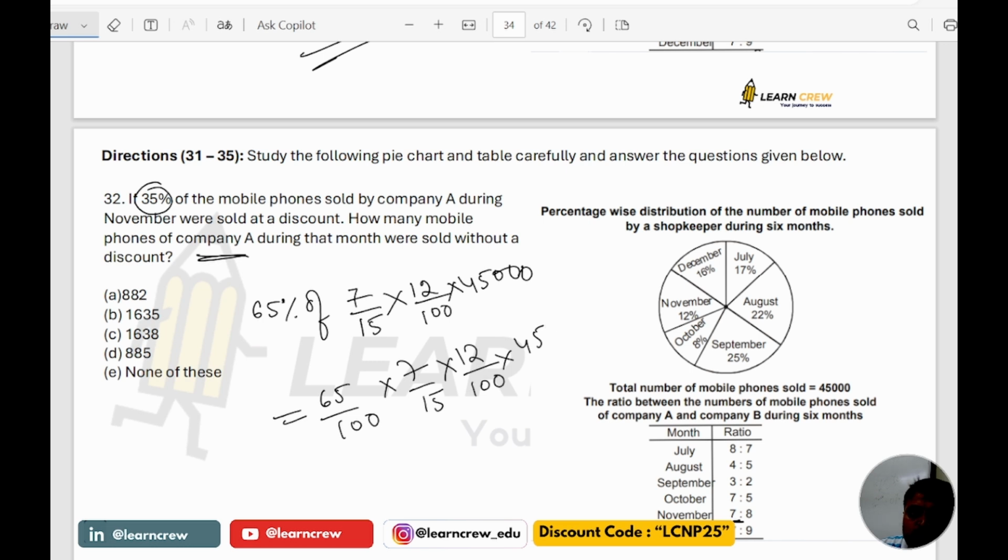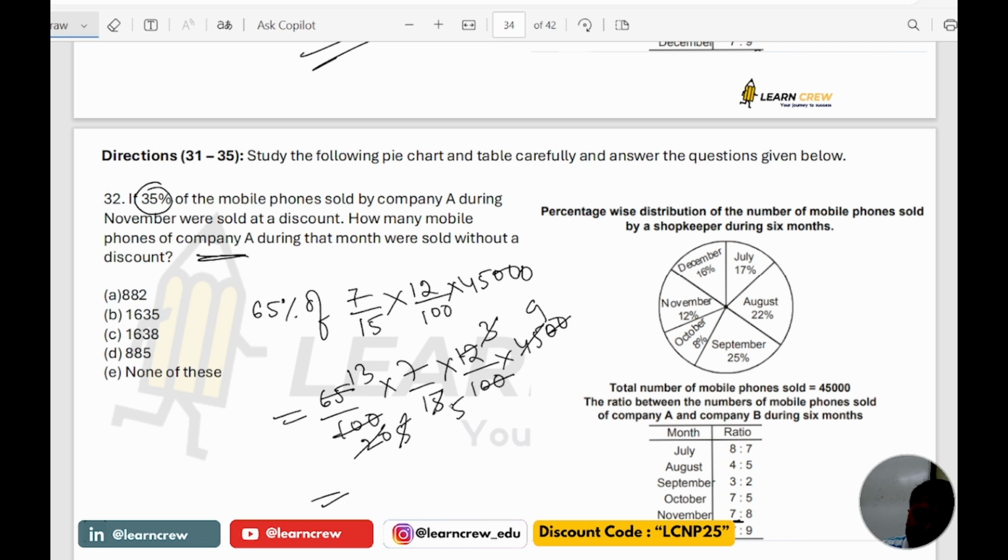What is the value we are going to get? If you simplify here, two zeros cancel. 13 5s are 65, 5 20s are 100. Now 5 4s are 20, 4 3s are 12, 5 9s are 45, and then 3 5s are 15.